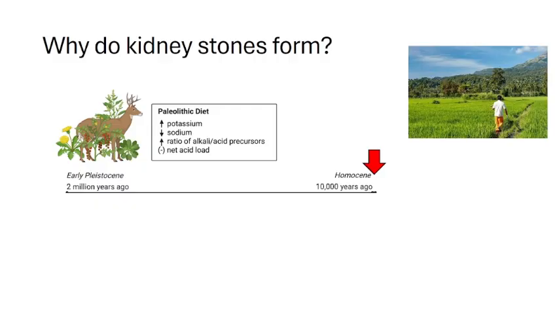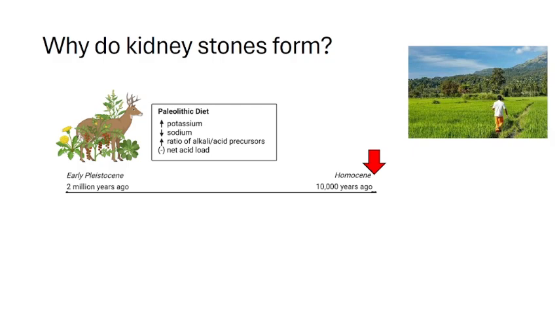And this allowed them to have a reliable source of food to eat so that people wouldn't starve. Now, one of the problems with cereal grains, though, is that they contain more acidogenic amino acids. So compared to uncultivated fruits and vegetables, cereal grains like rice and wheat contain more acid than what our ancestors had eaten.